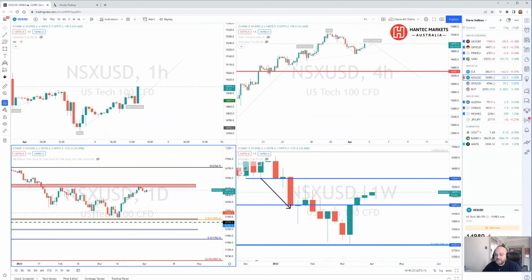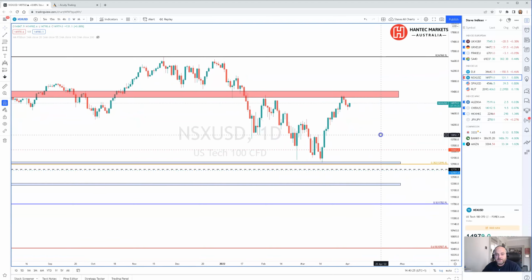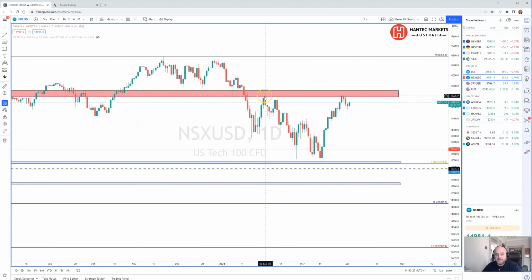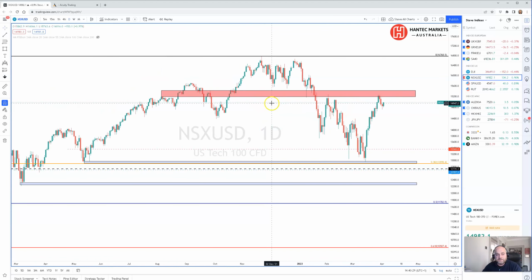Take a look at the daily chart. We can see the range that we've been trading in since the start of February. We've got this area of resistance up around about the 15,200 to 15,400 area. This has acted as resistance and support on a number of occasions.